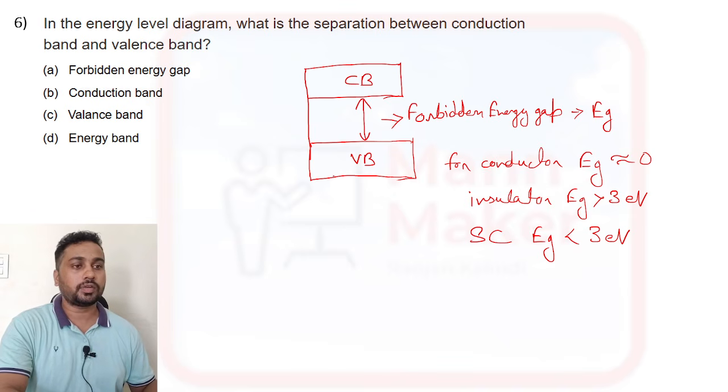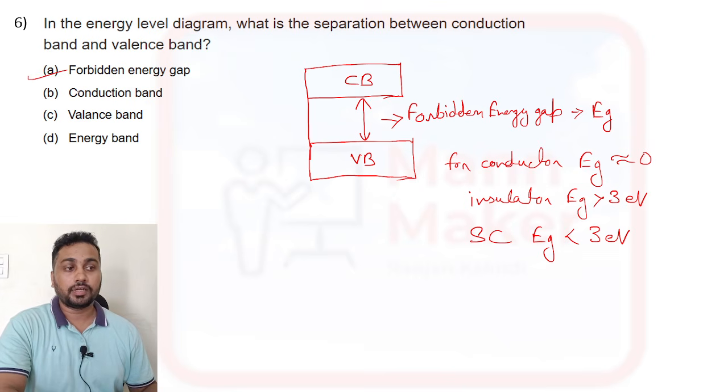Just remember these points. So here they have asked about the separation between conduction band and valence band. It is the forbidden energy gap. Option A is your right answer.